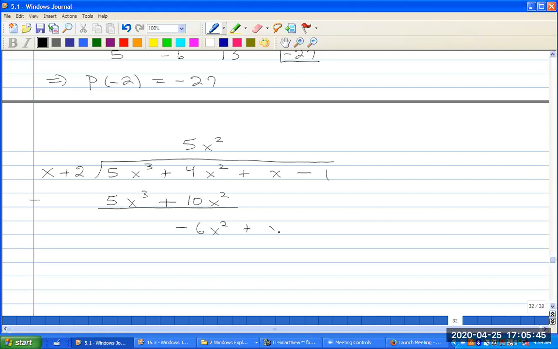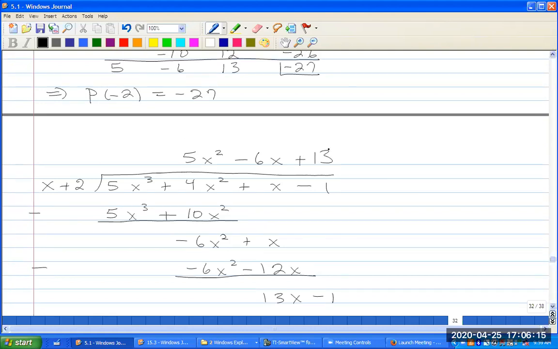Drop down the x. Negative 6x squared divided by x is negative 6x. So I get a negative 6x squared minus 12x. I subtract. The negative 6x squares cancel. And so I get x minus a negative 12x, same as x plus 12x, which is 13x, minus 1.